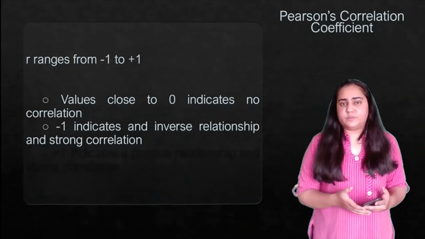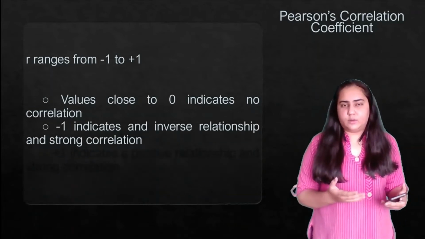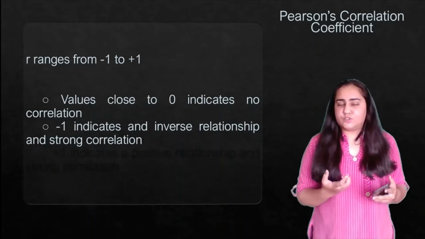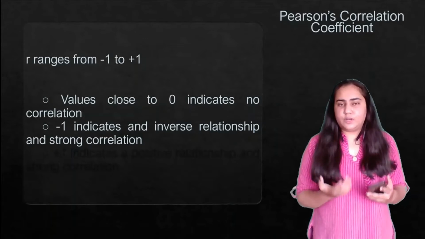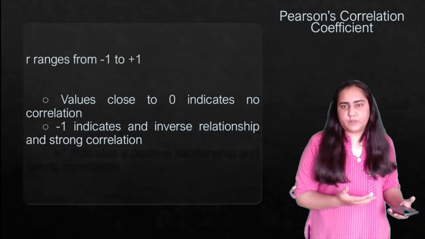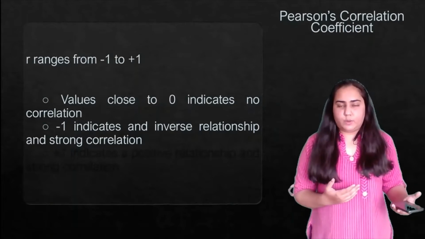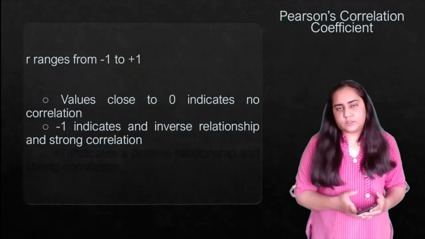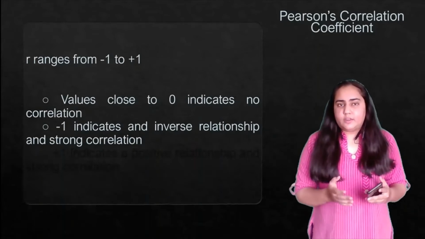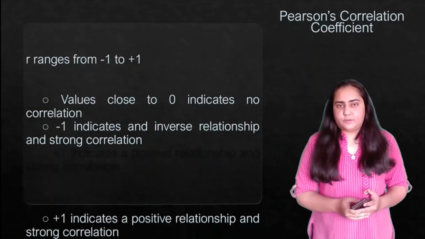If the value of R is -1, or somewhere closer to -1, then it indicates a strong correlation, but the correlation is inverse, which means when one variable increases, the other decreases, and when one decreases, the other increases. That is an inverse relationship if the value of R is negative.